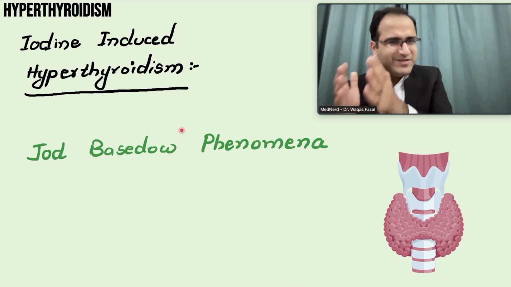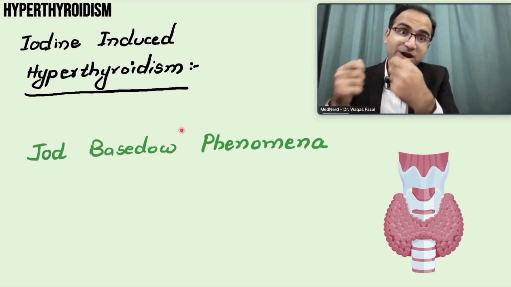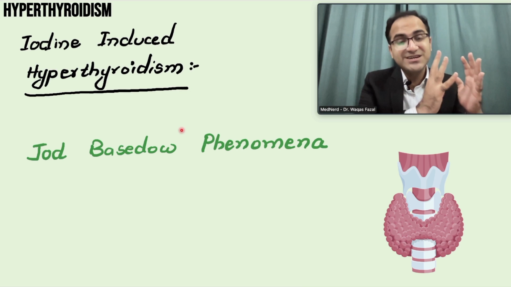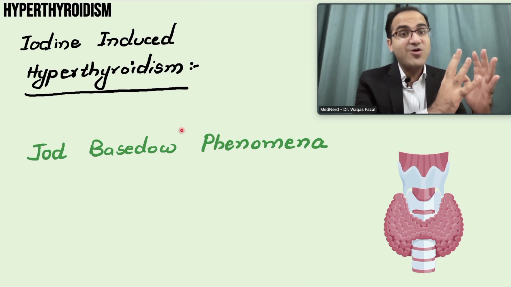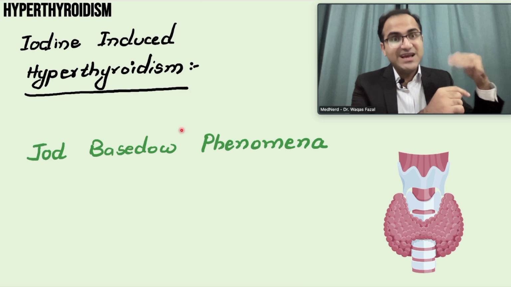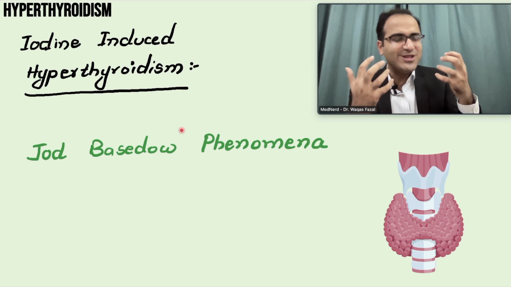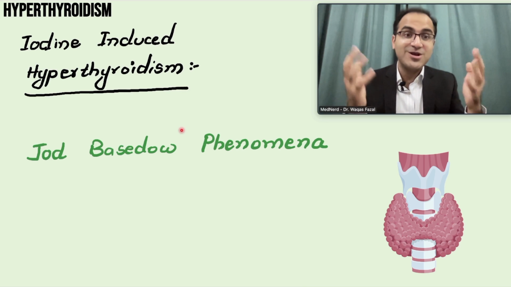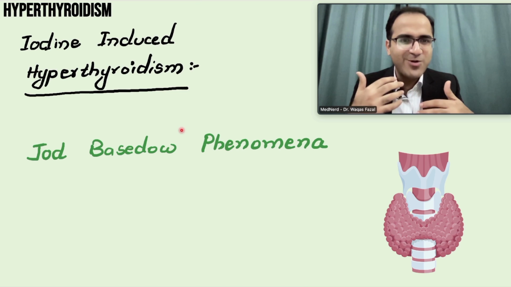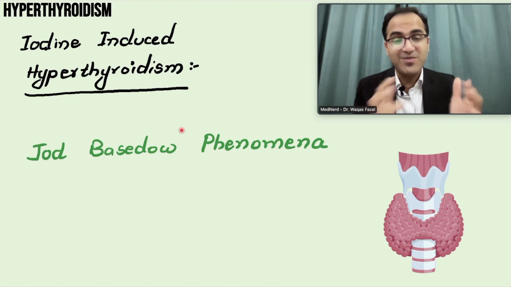When these patients living in areas where there is low iodine, with thyroid glands with upregulated receptors for the uptake of iodine, come to areas where there is increased iodine in the diet, people taking iodized salts, when they take up these types of salts and nutrition with excess amounts of iodine, their thyroid gland takes up all the iodine, and it is very happy that now I am getting loads of iodine that I did not used to get before. So it starts taking up more and more iodine, and it starts producing thyroid hormones, resulting in iodine-induced hyperthyroidism.